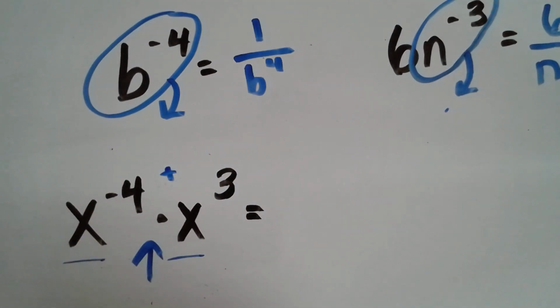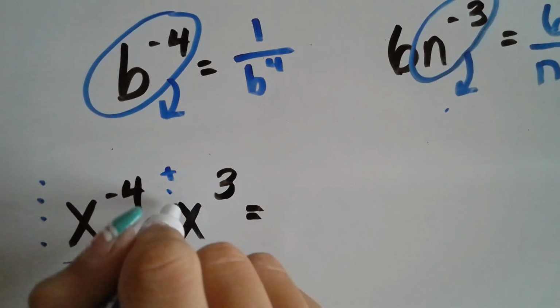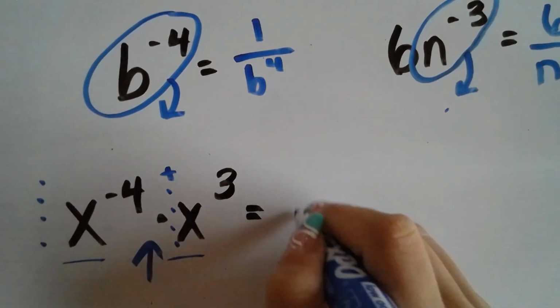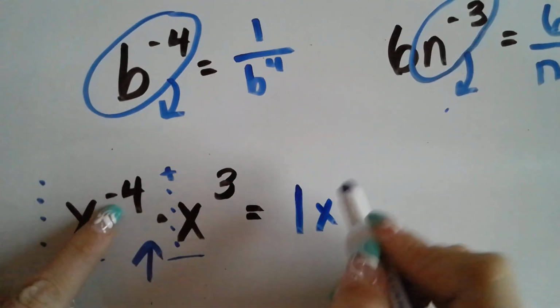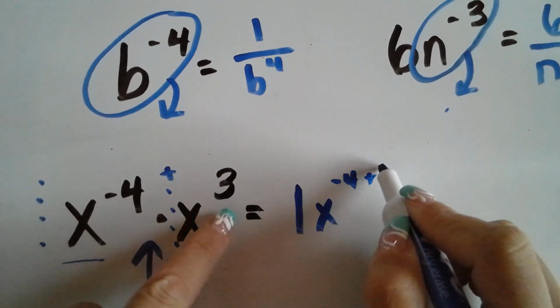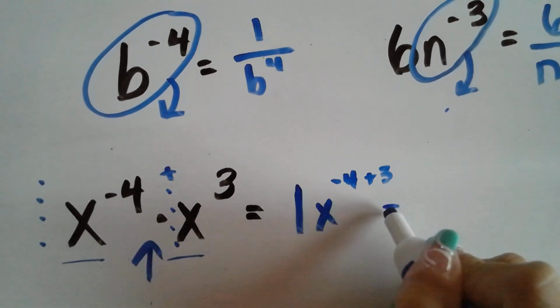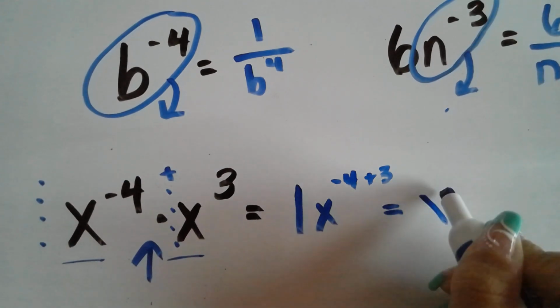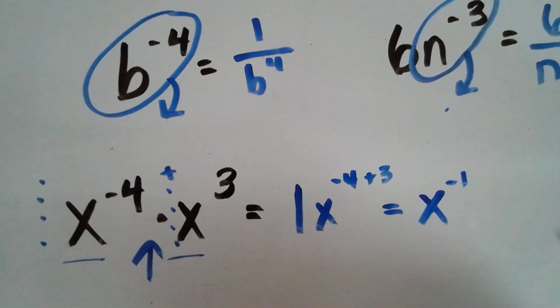So we know that we're going to multiply our imaginary coefficients like normal. So 1 times 1 is 1x, and we're going to say negative fourth plus the 3. And that is x to the negative fourth plus 3 is negative 1.